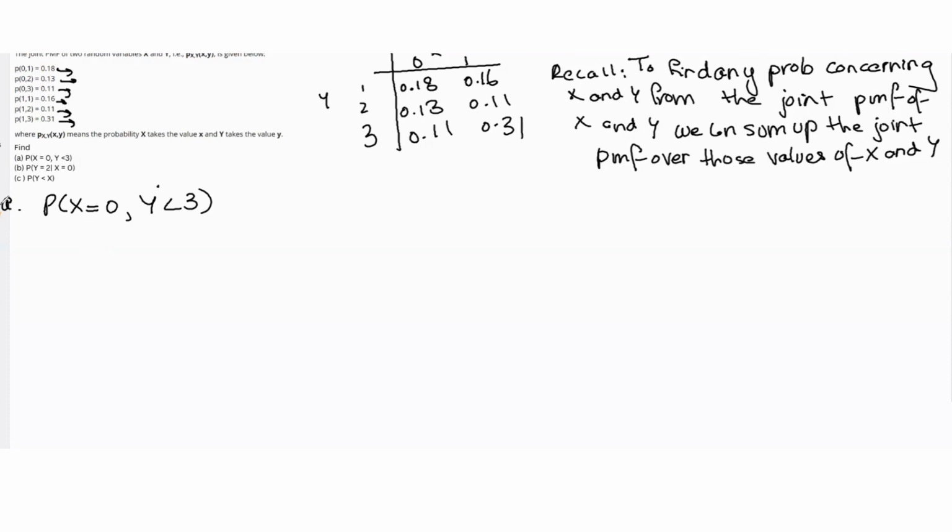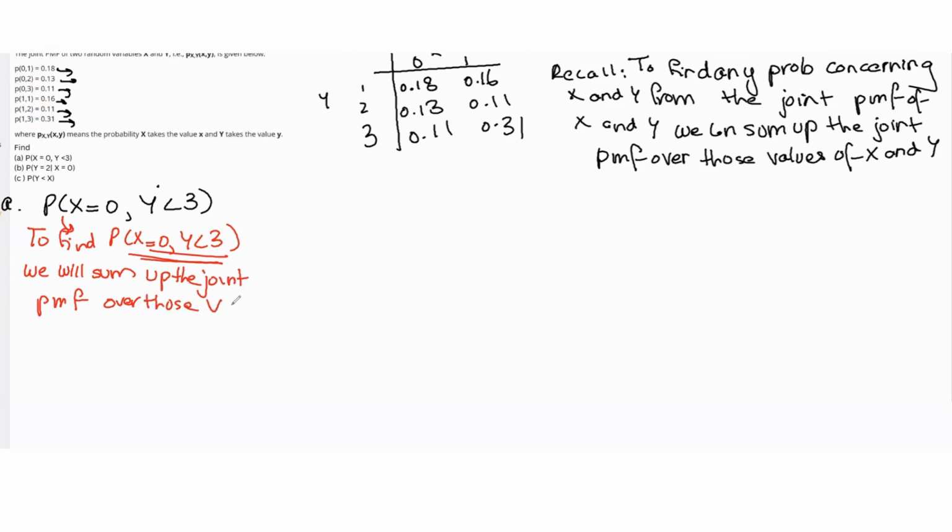So the idea is that to find the probability x is 0 and y is less than 3, we will sum up the joint PMF over those values where x is 0 and y is less than 3.